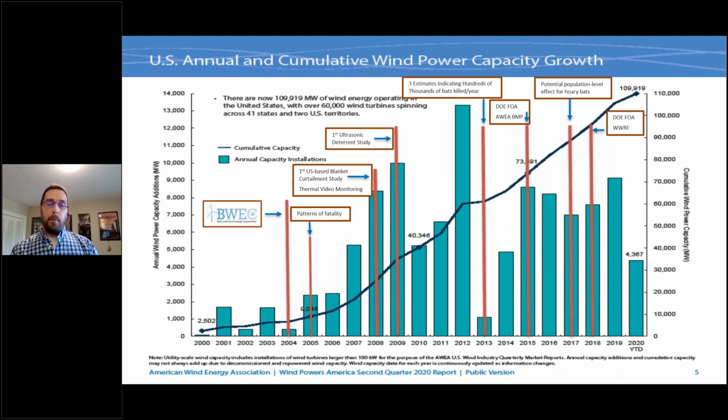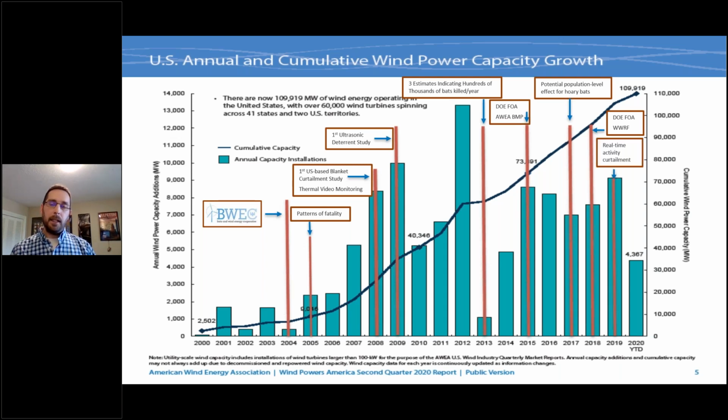The next year, the Department of Energy had another funding opportunity announcement geared towards minimization strategies, both for the use of deterrent technologies and for smart curtailment strategies. Also this year, the Wind and Wildlife Research Fund was initiated to also spur research and development on questions that still persist.